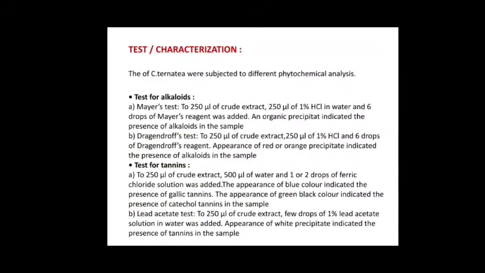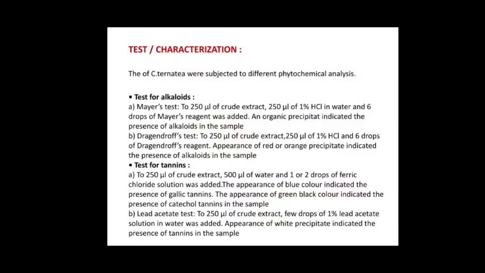Test and characterizations. The Clitoria ternatea extract was subjected to different phytochemical analysis. Test for alkaloids. It consists of Mayer's test and Dragendorff's test. In Mayer's test, 250 ml of crude extract, 250 ml of 1% HCl in water and 6 drops of Mayer's reagent were added.